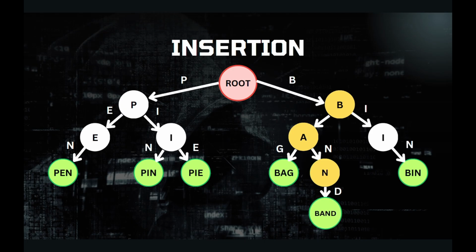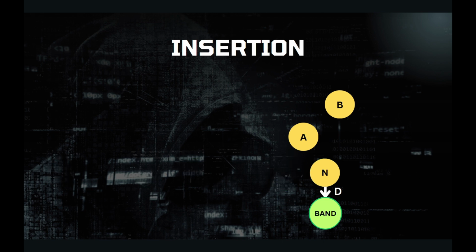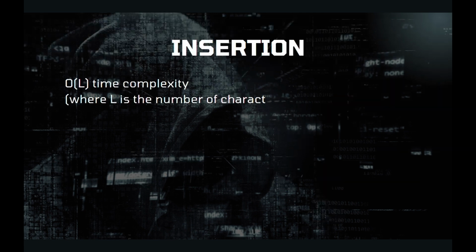We then need to update that as the new terminator and change our old one to not be a terminator of a word. This is O of L time complexity, where L is the number of characters in the inserted string, because you need to compare every single character in your string that you're inserting in order to find out where it's going to end up.